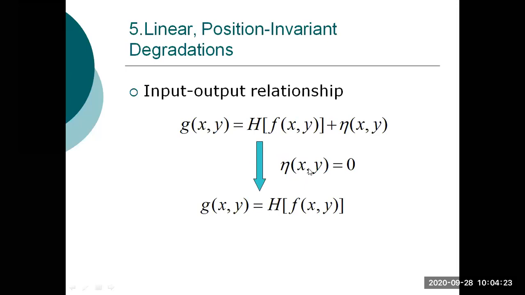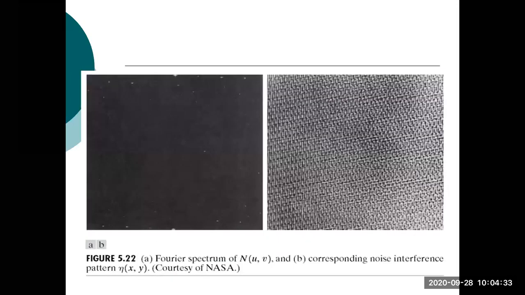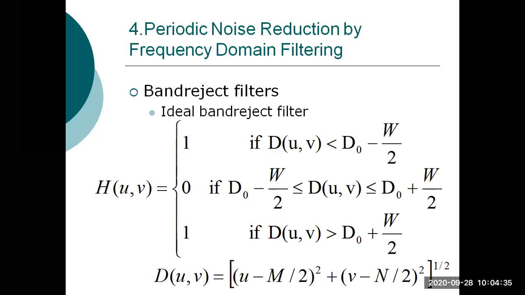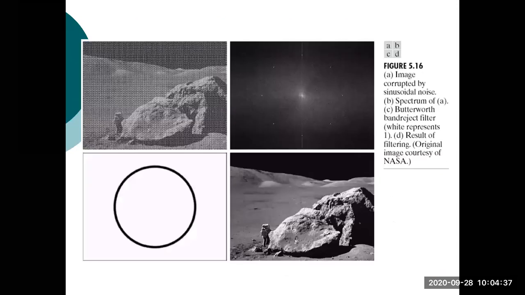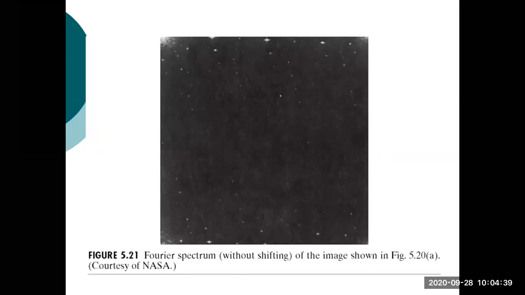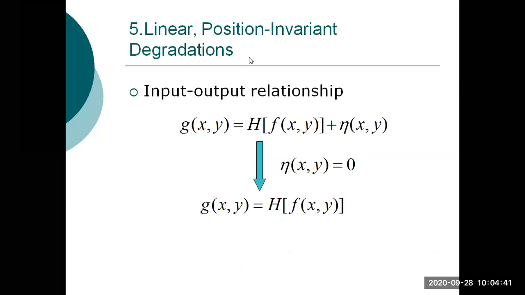So the next topic we are going to discuss today is linear position invariant degradations. Actually, in our model, what is our model? The noise model. In our noise model, the filter block, that means before the degradation function, what is the output g of x?